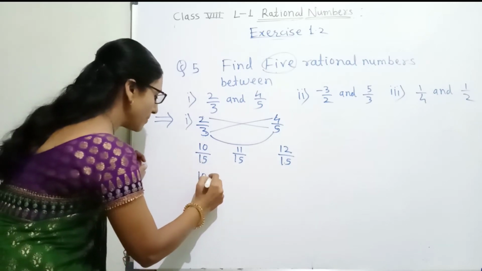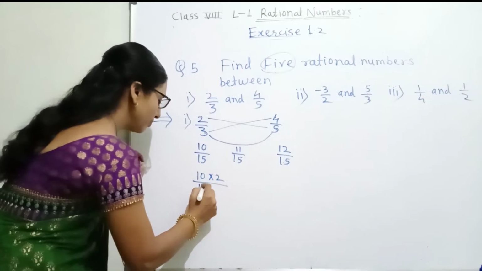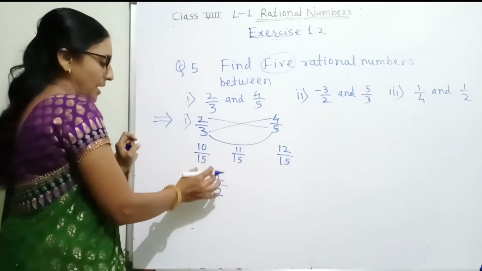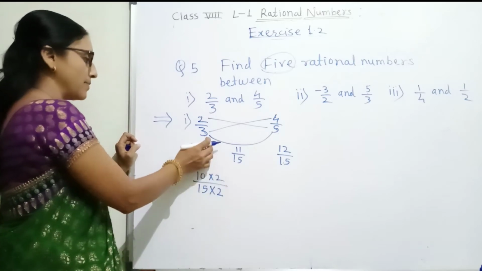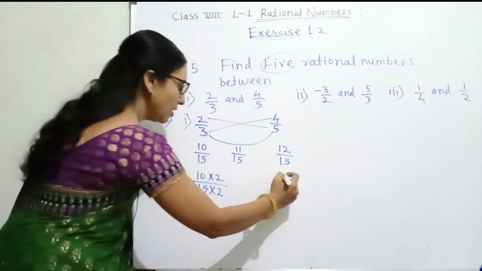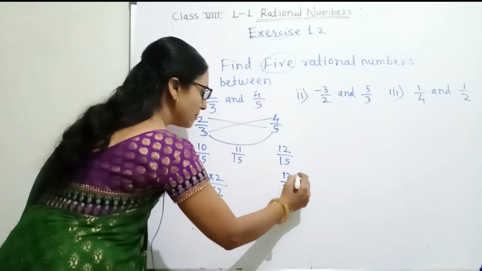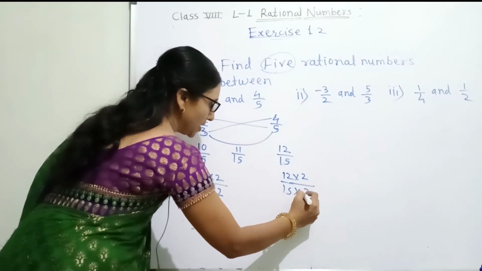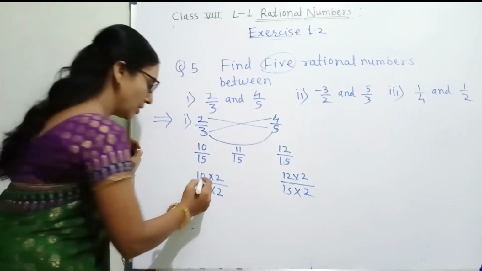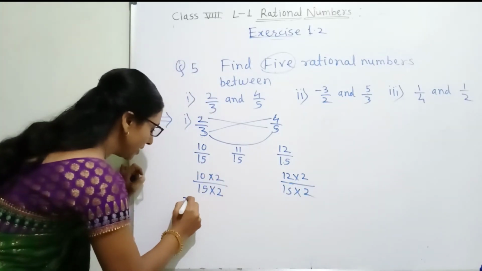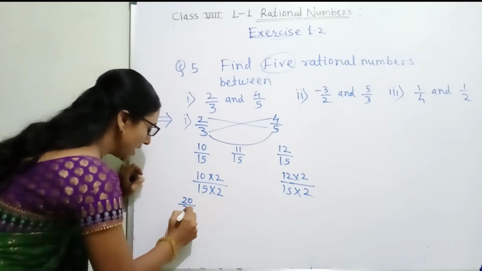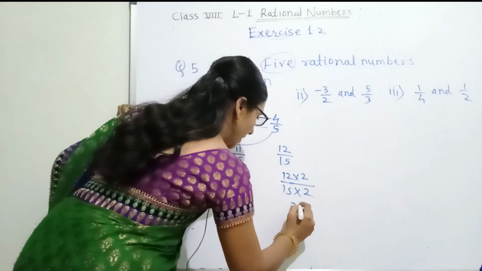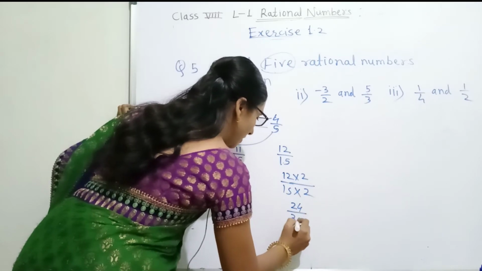Let us multiply it by 2. Then we get the equivalent rational number of 10 by 15. 12 by 15 multiplied by 2: 10 twos are 20, 15 twos are 30, 12 twos are 24, 15 twos are 30.